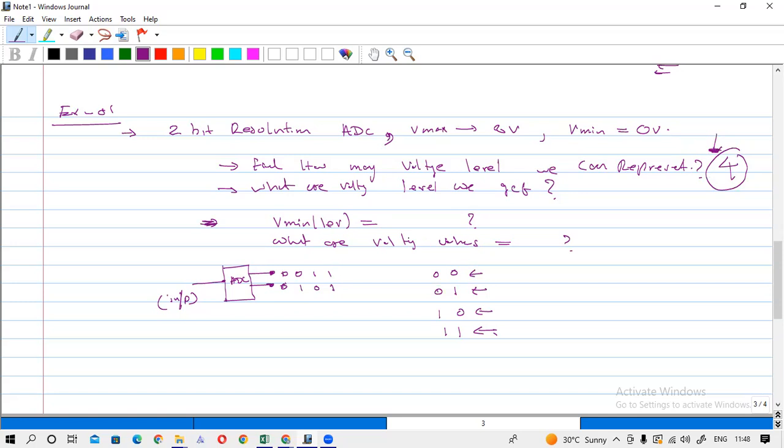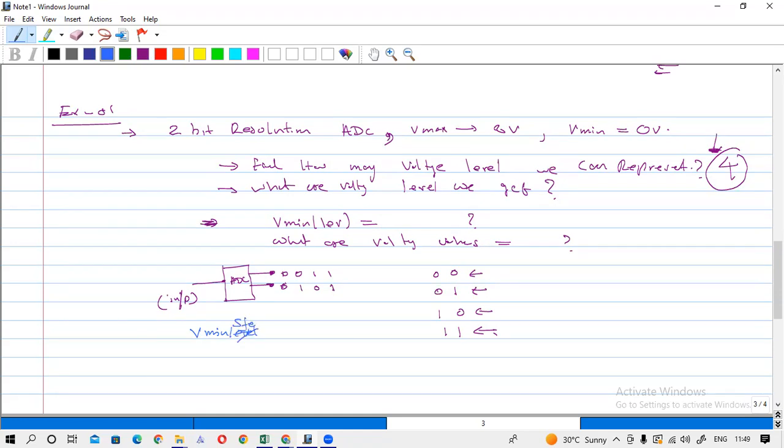And what are the voltage levels we can get? What is the minimum voltage level we can get? To find the minimum voltage level, we have to divide the input voltage range by the number of combinations.